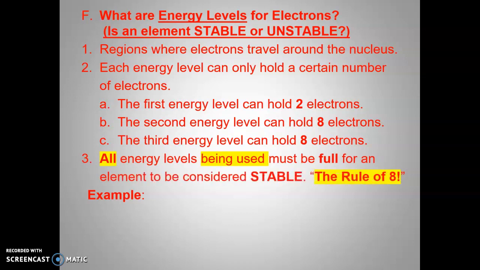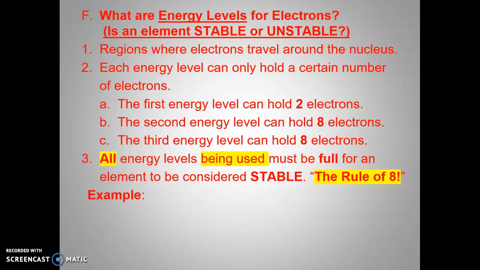So for all energy levels that are being used, no matter which one it is, 1st only, 1st and 2nd, 1st through 7th, doesn't matter, for an element to be considered stable, every energy level that element is using must be filled completely.